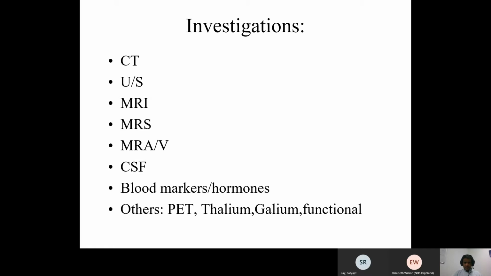Then the definitive investigations will happen: the MRI, MR spectroscopy, MR angiography or venography, and then they get lumbar puncture, CSF. They also get blood markers like alpha fetoprotein, beta HCG, and other hormones like prolactin or growth hormone. And when they come to oncology, they will have more investigations, maybe like functional imaging or thallium, gallium, etc.